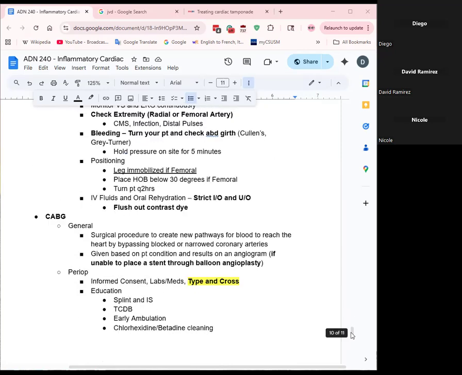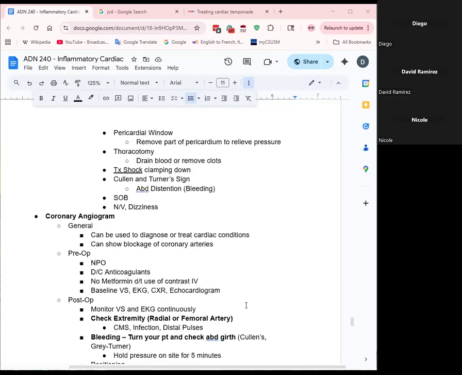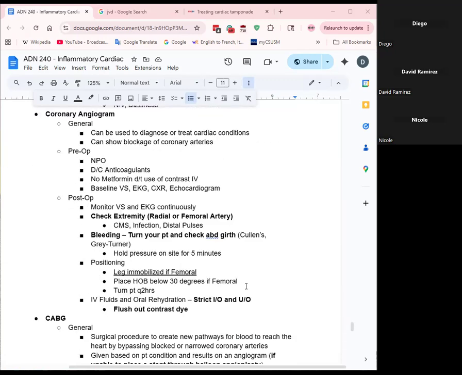Coronary angiogram. The rest of this should be pretty short. An angiogram is a diagnostic used to see how well the blood flow is going, so coronary, in your heart.